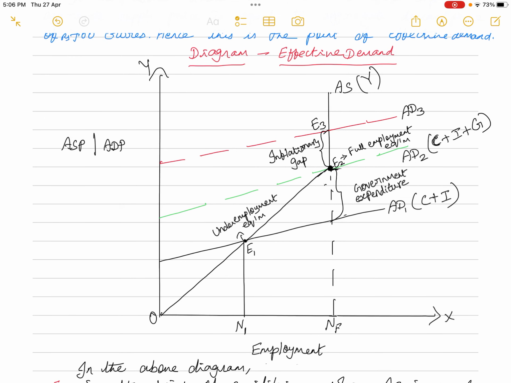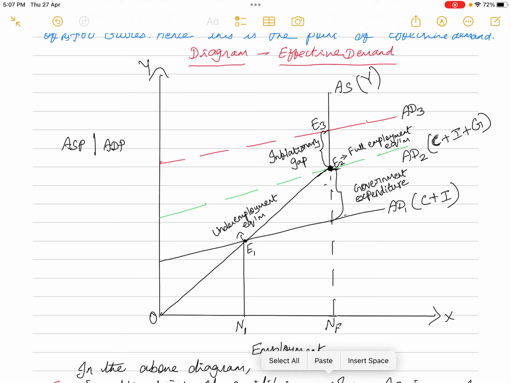Okay. As usual, first draw the x-axis and the y-axis. On the x-axis we are mentioning the level of employment, and on the y-axis we are mentioning the aggregate supply price and aggregate demand price. Okay. Now first you have to start drawing the aggregate supply curve.